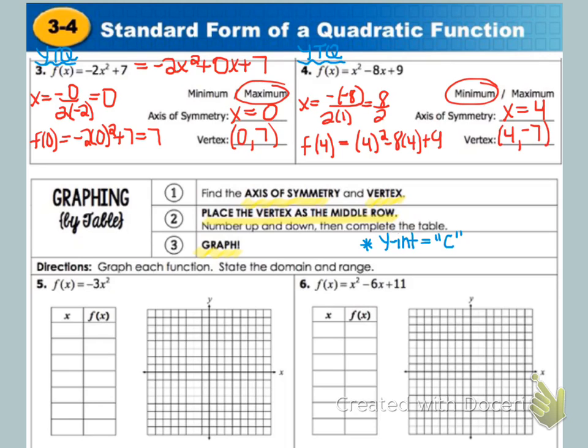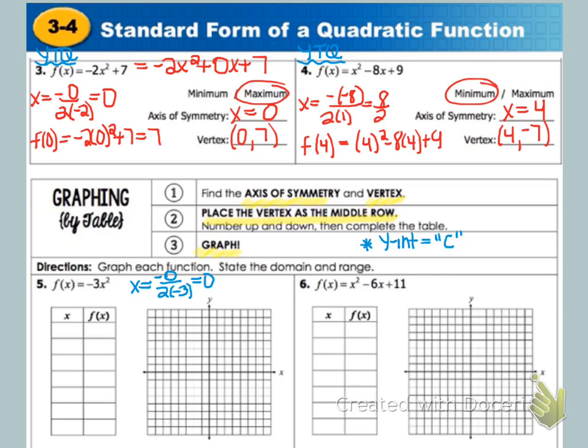So number 5, the function is f of x equals negative 3x squared. Step 1 was to find the axis of symmetry. To find it, we're going to use our formula, x equals the opposite of b over 2a. Notice again, we don't have a b, so it would be the opposite of 0 over 2 times negative 3, which is clearly just going to equal 0.